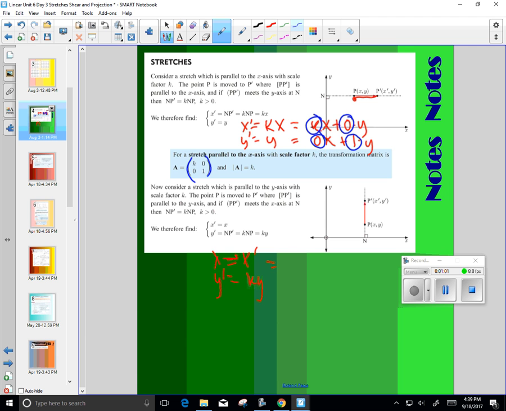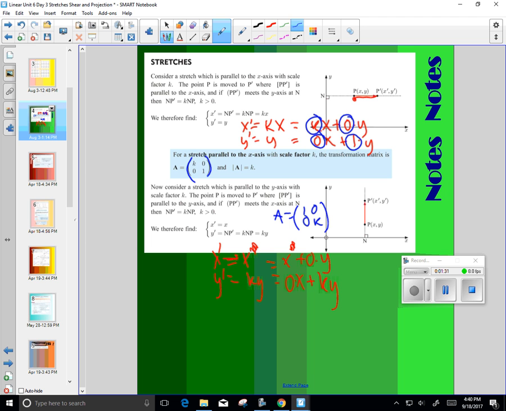So this is going to be 1 times x plus 0 times y, and y prime will be 0 times x plus k times y. So here's where you can see the transformation A is going to be 1, 0, 0, k.